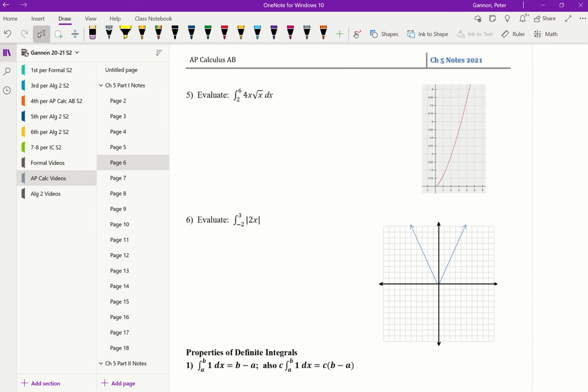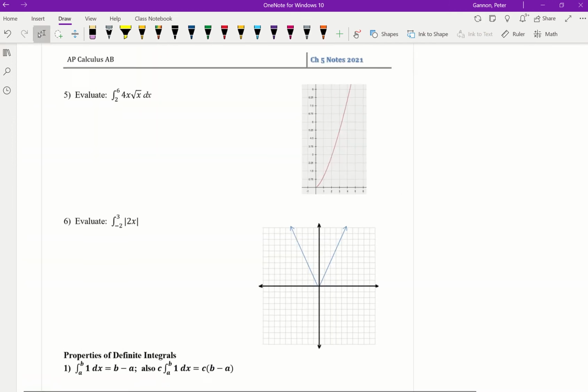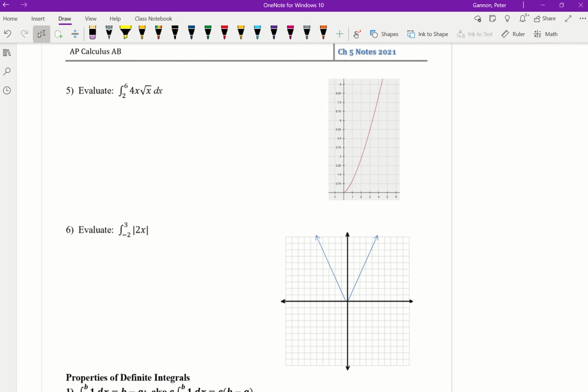So for the next example here, we have the integral from 2 to 6 of 4x times root x. Now, again, we've got a product here. So we don't have a product rule when we're dealing with integration. What you want to do is rewrite this integral first.